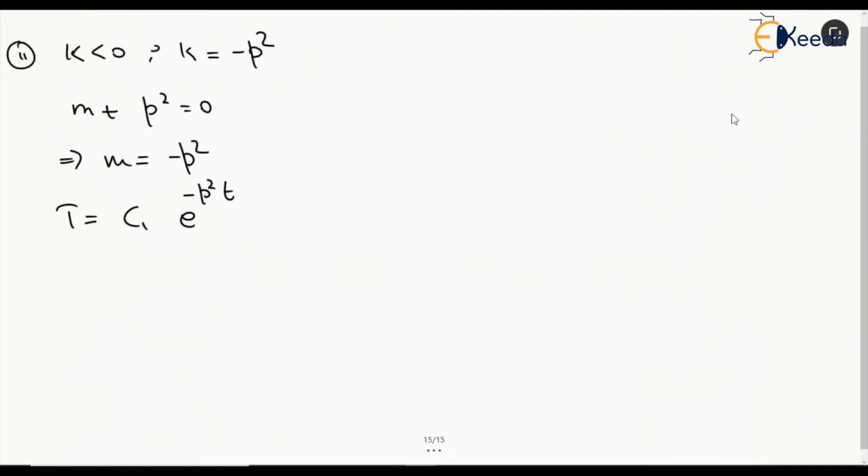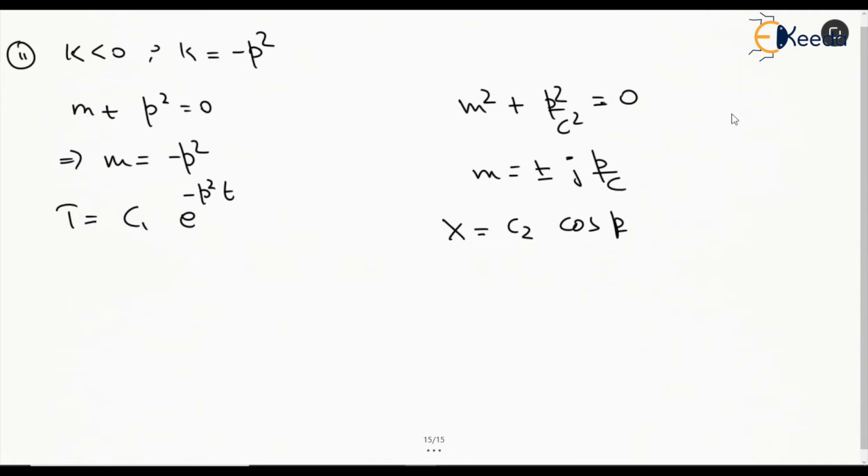On the other side we will have m² + p²/c² = 0. That means the roots are going to be m = ± j p/c. So these are complex conjugate roots, and X will become c2 cos(px/c) + c3 sin(px/c).